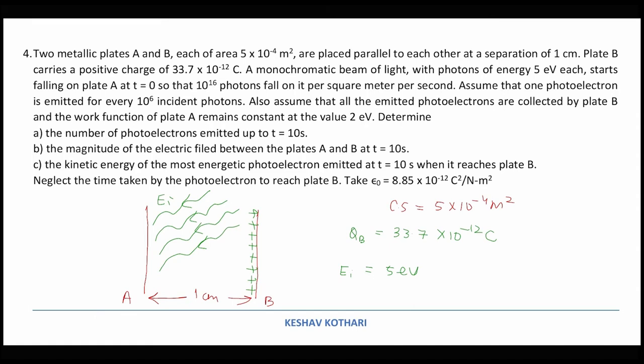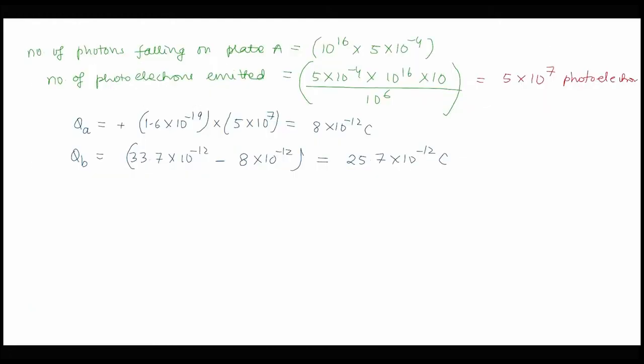electric field, and it is because a positive charge is originating on A. Hence we can say that the electric field will be contributed by each surface, which is equal to sigma A by 2 epsilon naught and sigma B by 2 epsilon naught.